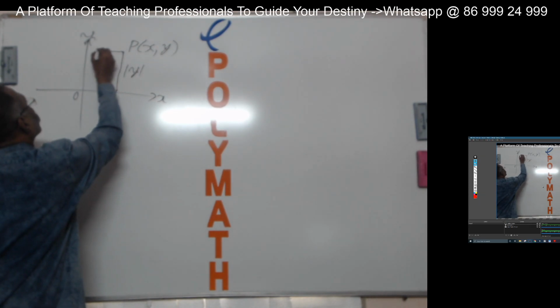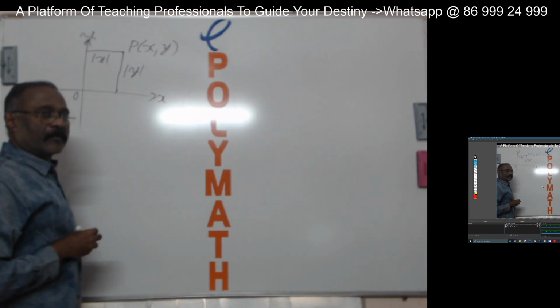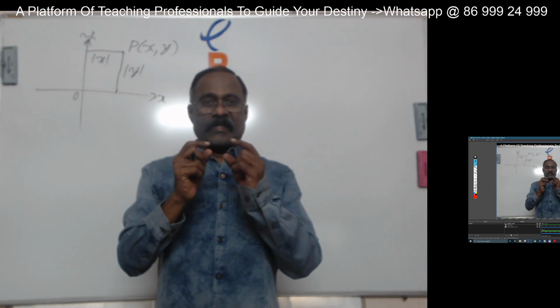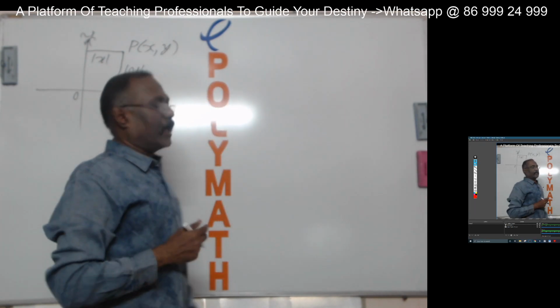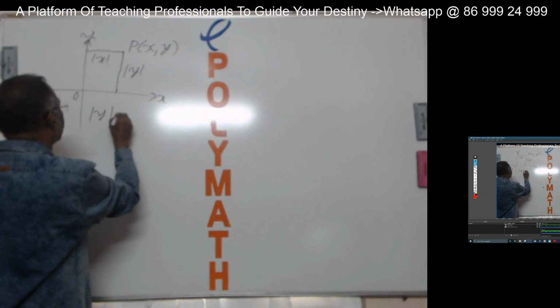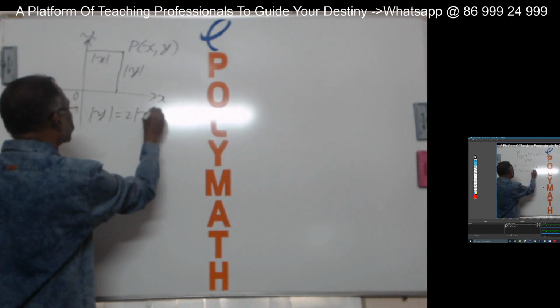Its distance from the y-axis is nothing but mod x. So what is the question given? Its distance from the x-axis is double its distance from the y-axis. So modulus of y is equal to 2 mod x.